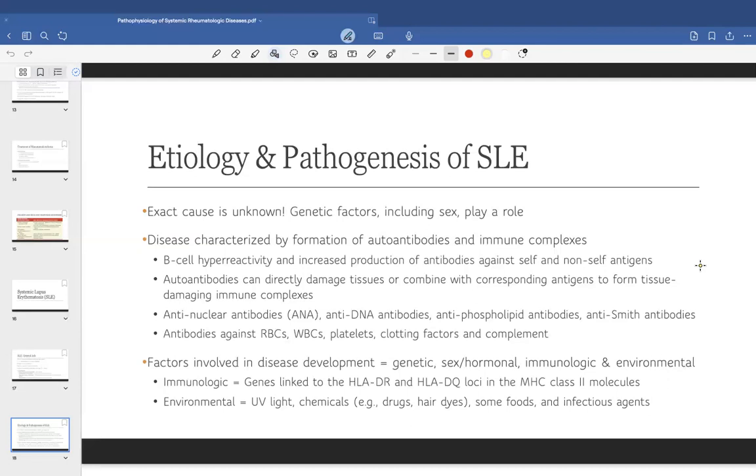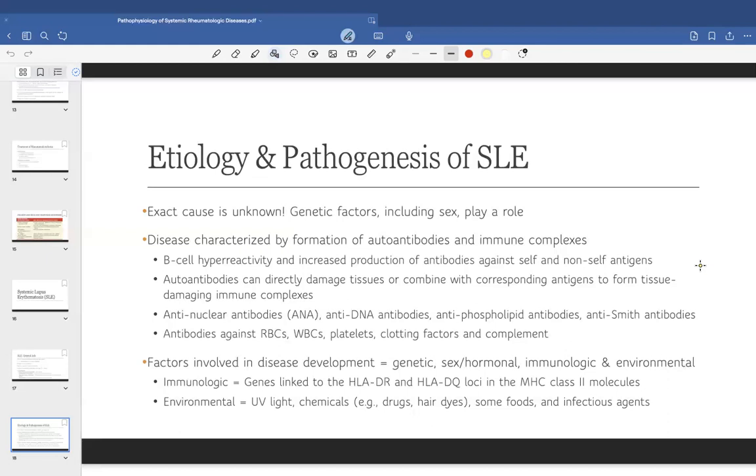Depending on which ones the patient has, that's going to determine how fulminant or widespread, how many different tissues their disease involves. There are antibodies against red cells, white cells, platelets, clotting factors and complement. So you can see it can be quite a spectrum of disease.